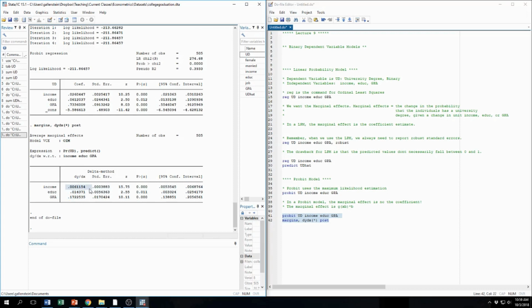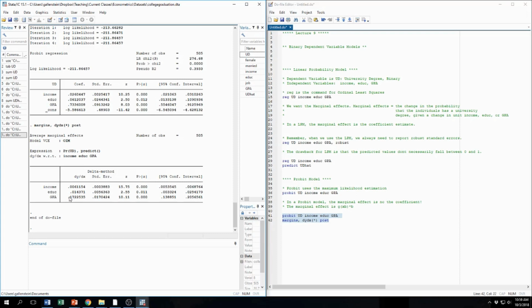So this is how I'd interpret this. An increase of $1,000 in a student's parents' income will increase the probability that the student will get a university degree by 0.6%. An increase of 1 year in average education for a student's parents will increase the probability that they get a university degree by 1.4%.